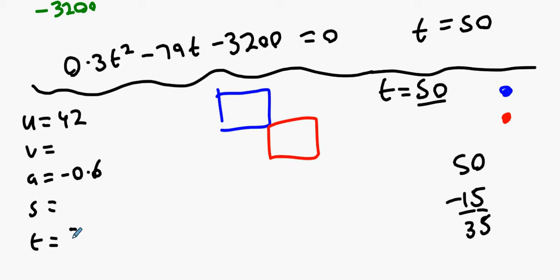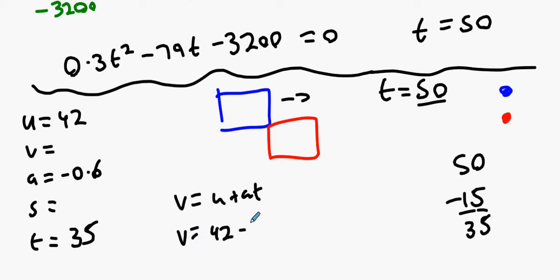I think the lorry's still going to be moving forward no matter what, to be honest. So we're going to use v equals u plus at.